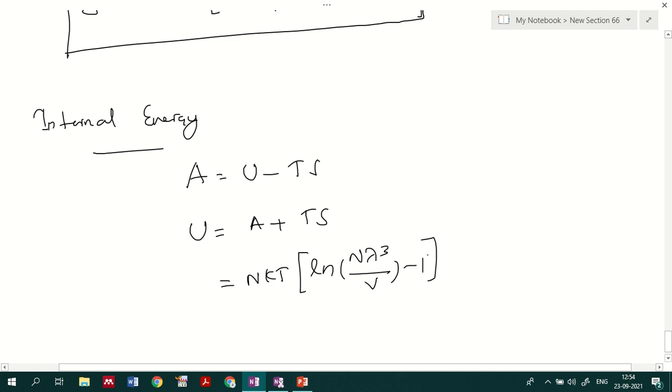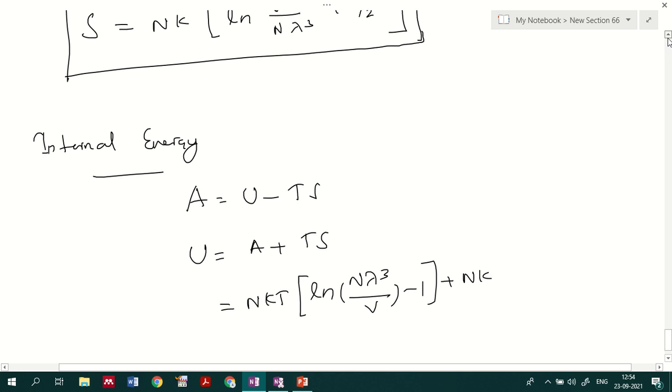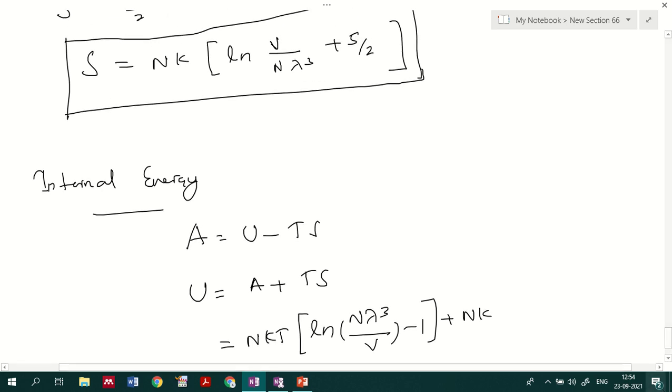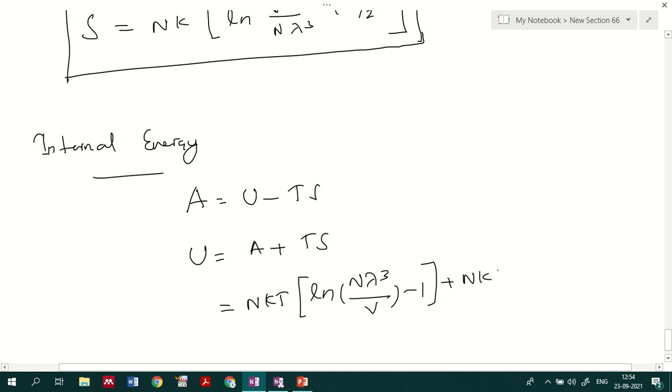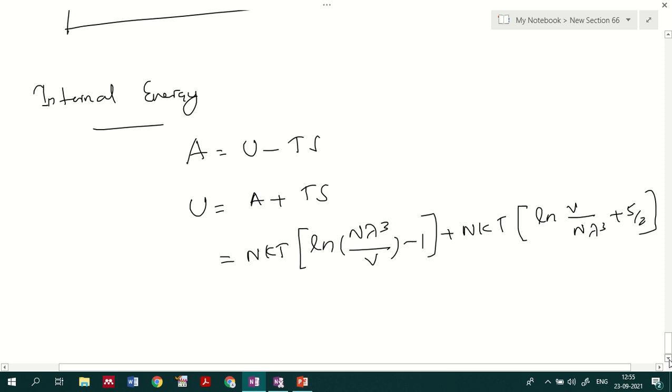Plus we have nk, already we identified the entropy representation here, into T, so nkT into ln v by n lambda cube plus 5 by 2. That is our entropy representation: nk ln v by n lambda cube plus 5 by 2.